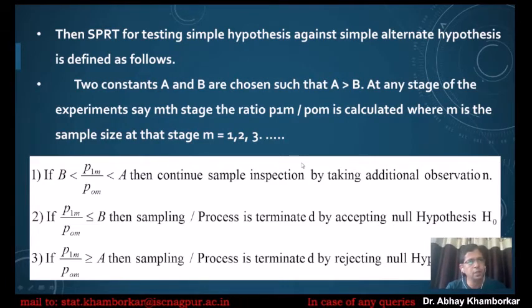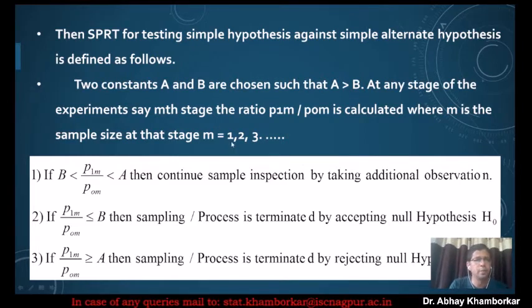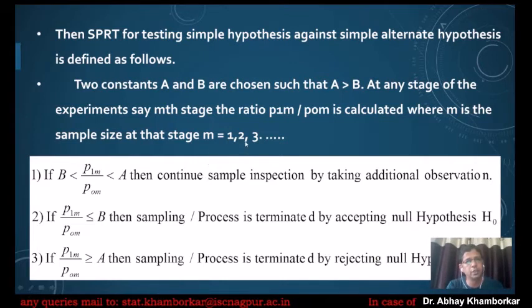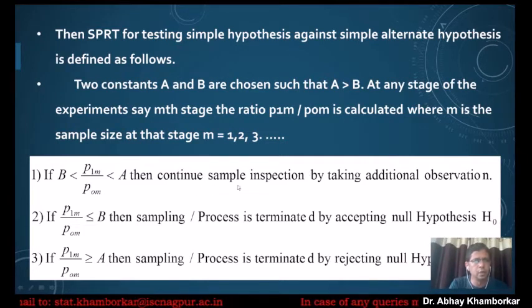If B is less than p1m upon p0m, that ratio which we have already calculated, and that is less than A, then continue the sampling inspection, that means sequential testing, by adding an additional observation. So this means if m equals 1 and we get this situation, then we will take one more additional observation. In that case m becomes 2, then an additional observation, 3 and so on. So we continue the sequential testing by additional observation when this situation arises, where B is less than the ratio, which is less than A.